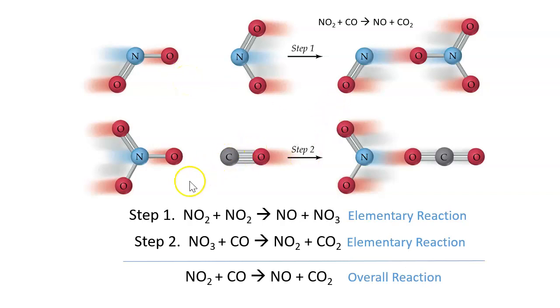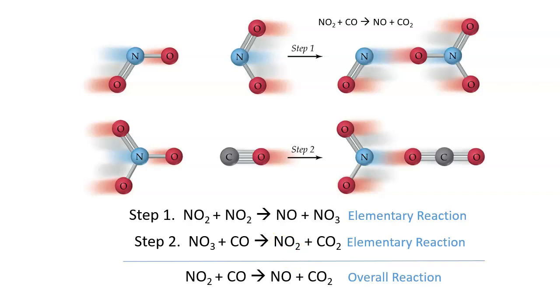And here you have the second step, NO3 plus CO, and in this case it's also second order, first order in NO3 and first order in CO. Now you can begin to understand why an overall reaction's order can be more complicated than what it looks like. Why a decomposition reaction could possibly be a second order reaction, because there's stuff going on behind the scenes.